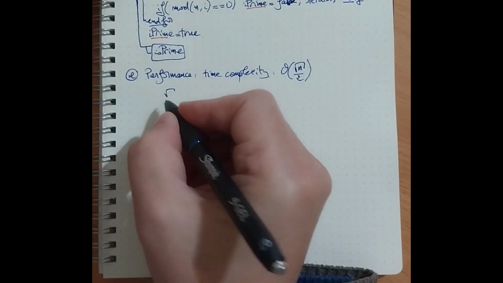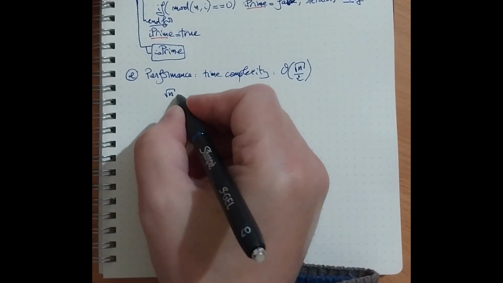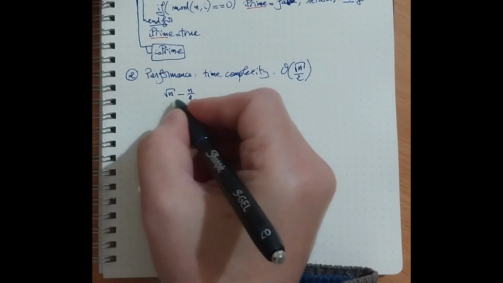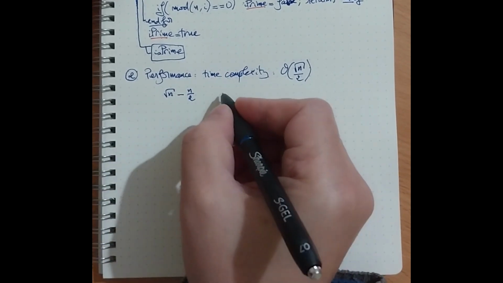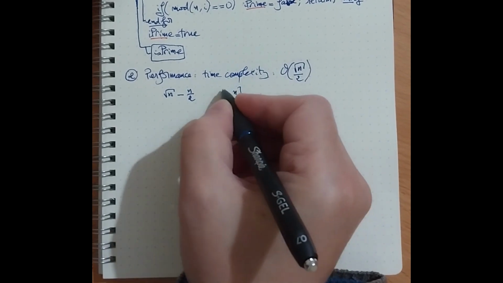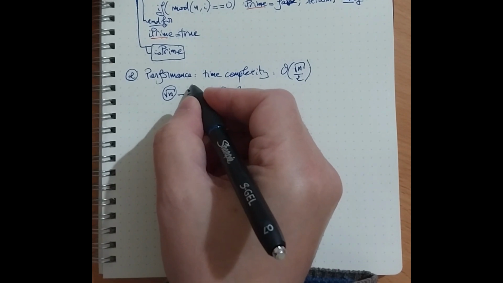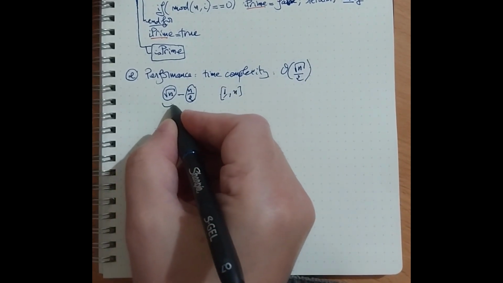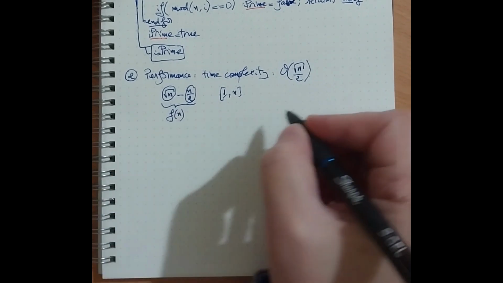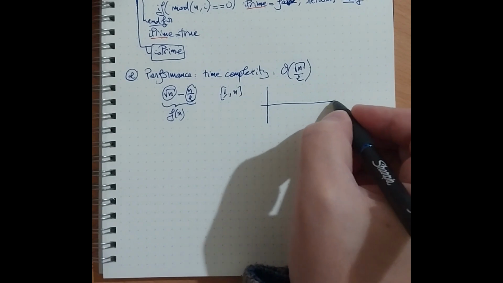Actually, if you compare square root of n to half of the range 1 till n, you compare square root of n and n over 2. You draw this function against n, and you get a curve like this.